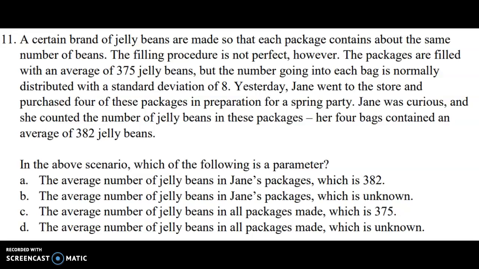So if you took the average from that, which is actually 375, that would be the parameter because it's coming from the population. Now what Jane did was she got 4 bags from that plant, so she got a sample from the population. And from that sample, she got the number 382. So the 382 is actually a statistic. Okay, so A is not it.